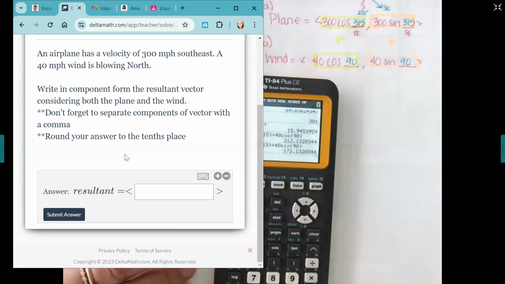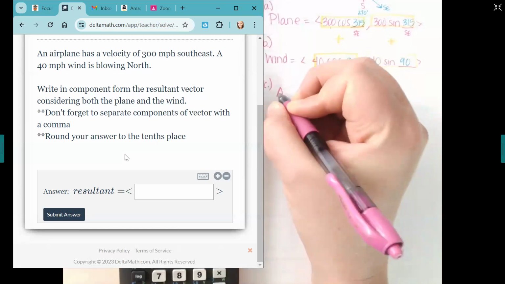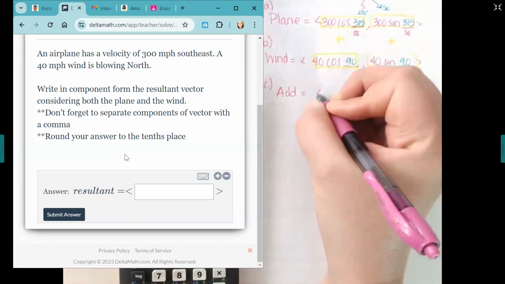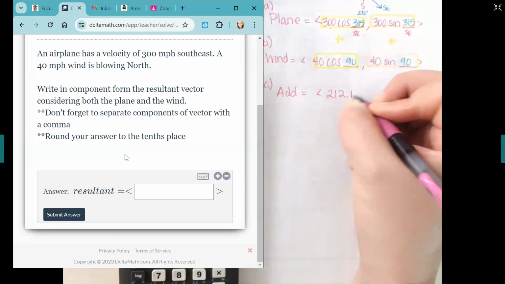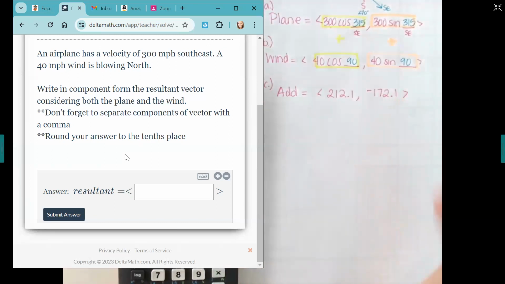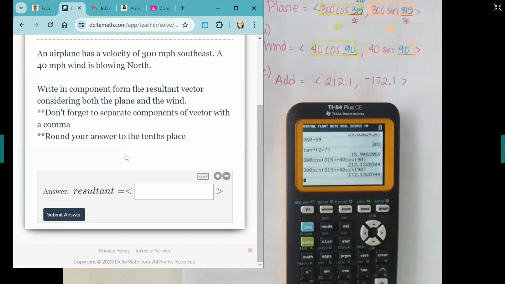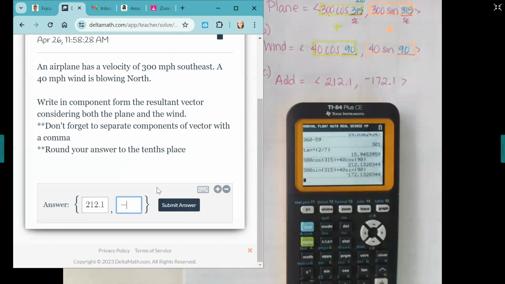So I'm gonna write that down over here for part C. For part C, I added 212.1, negative 172.1. Then you're gonna take that vector and type it in as your answer, just like that.